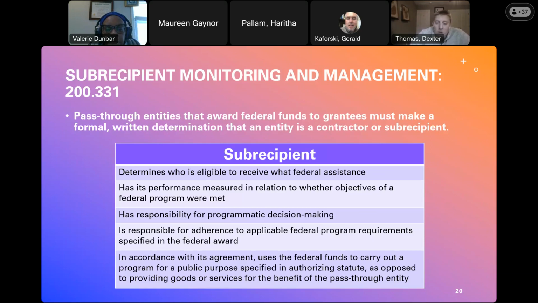In accordance with its agreement, it uses the federal funds to carry out a program for a public purpose specified in the authorizing statute, as opposed to providing goods or services for the benefit of the pass-through entity.